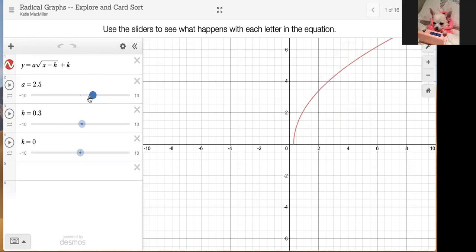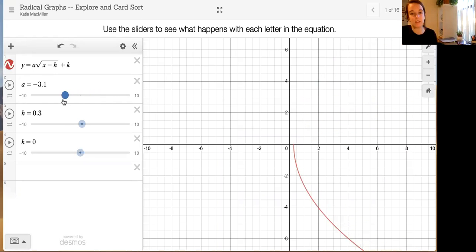Yeah, when you say flip, do you mean flip to the negative side of the x-axis? The negative side of the x-axis. It's going to flip over here to the right side or to the bottom? Which were you saying? I mean the y-axis.